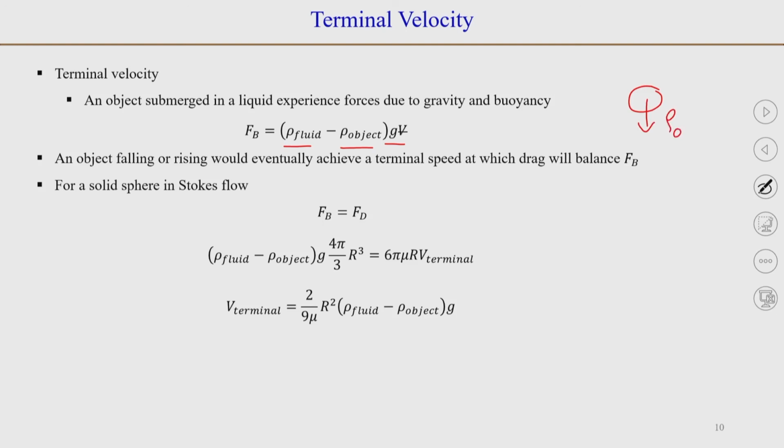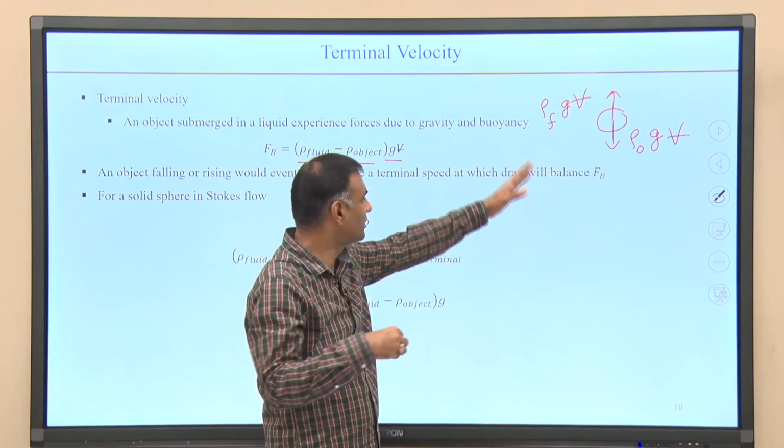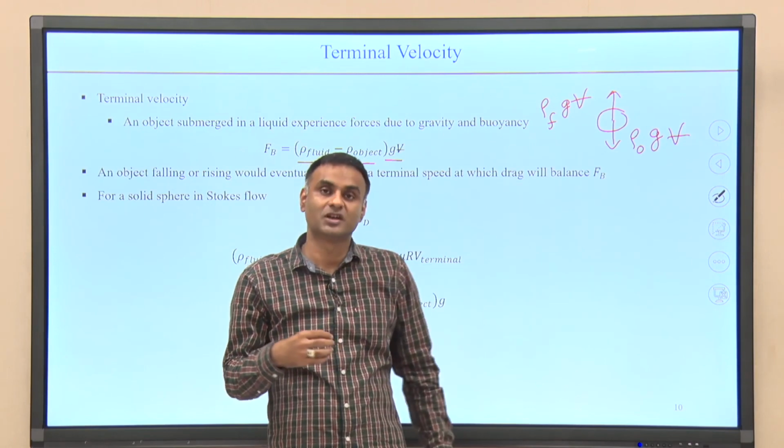So, rho object g into the volume of this object, and buoyancy force will be rho fluid into g into v. Now, the net force or net buoyancy force, combined force because of gravity and buoyancy, it will be rising or going down depending on the balance of these.